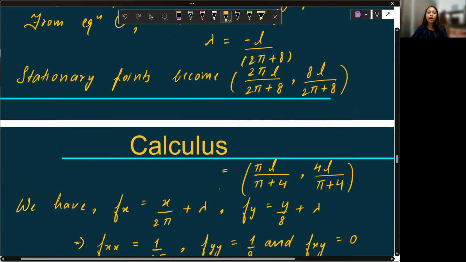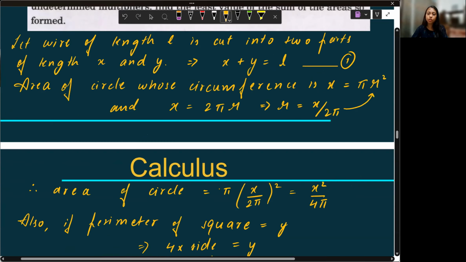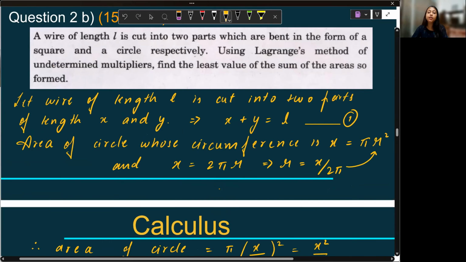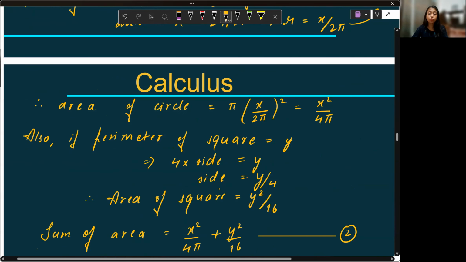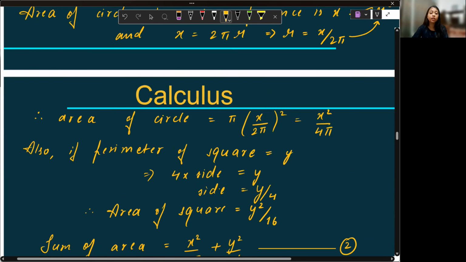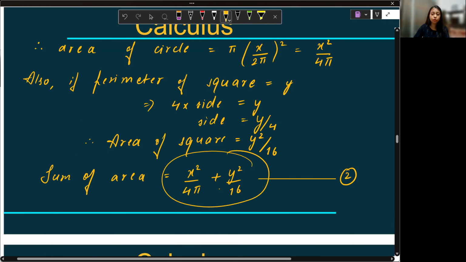Okay. And in the question, they said, find the least value. We have to find the least value. So we got the point at which we'll get the least value. You substitute that in equation number 2.